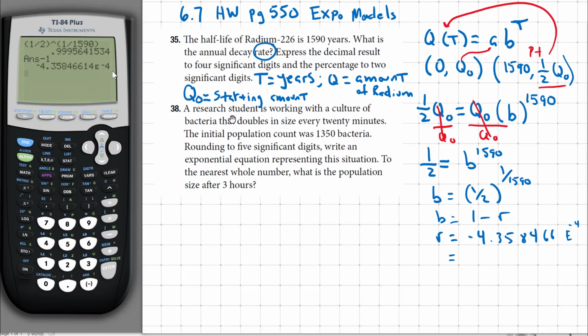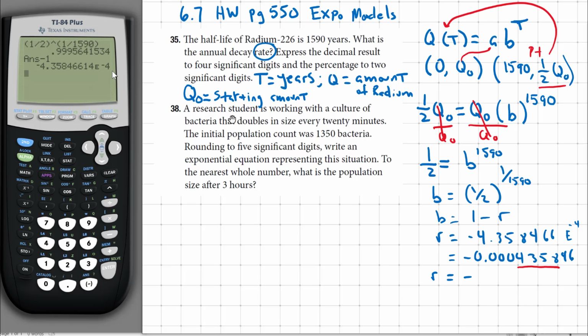So I'm going to move the decimal over to get rid of that exponent. So it's -0.1234, 35846. Okay, so there's R. Now they wanted 4 significant digits. So that would make my 4 significant digits all the way out here. And then lastly, we can write down R as a percent.